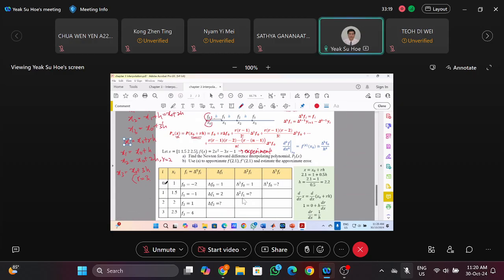For this case, r is 0. At x equal to 1.5, r is equal to 1. Why? Because you can check from here. So now, I try to erase this.